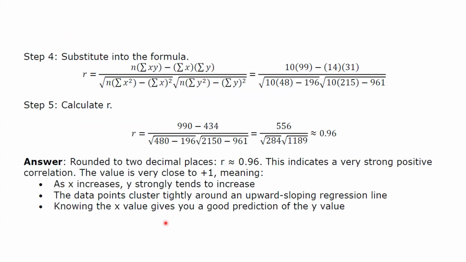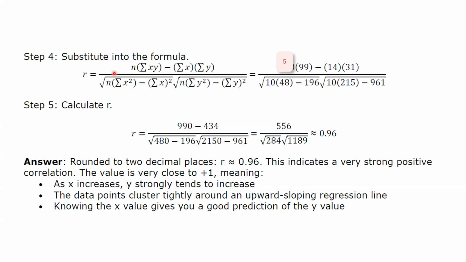In step 4, we substitute everything into the formula for r. The formula has n times the sum of xy minus the sum of x times the sum of y in the numerator.